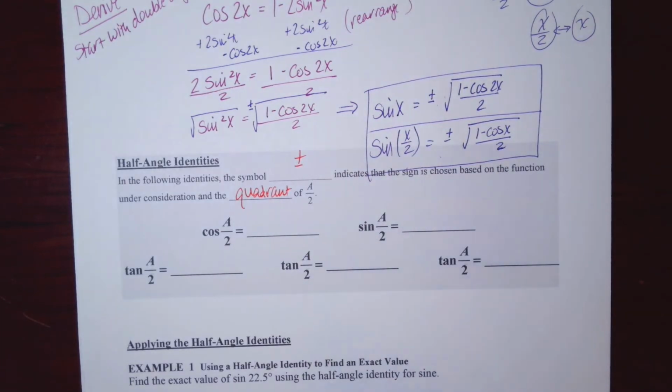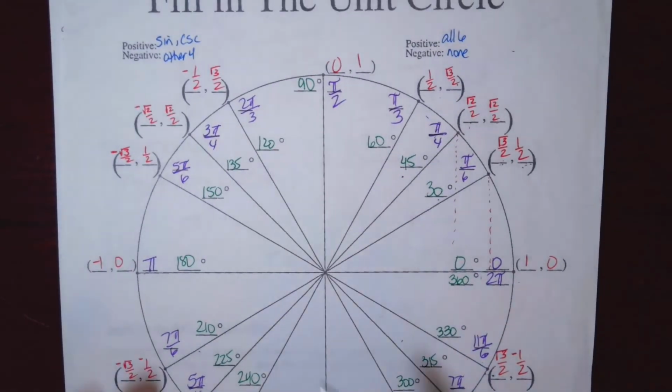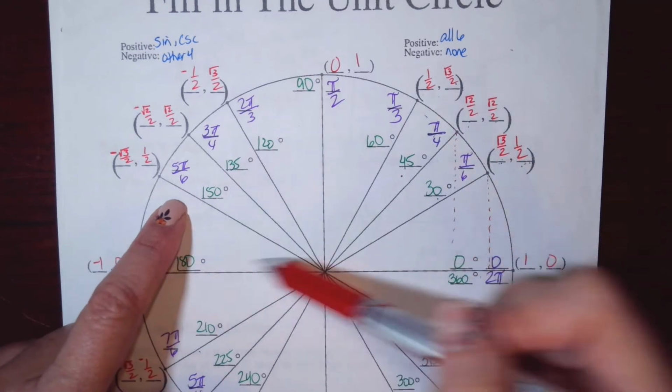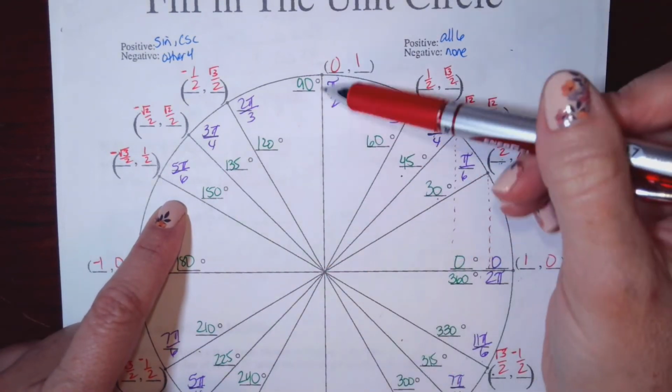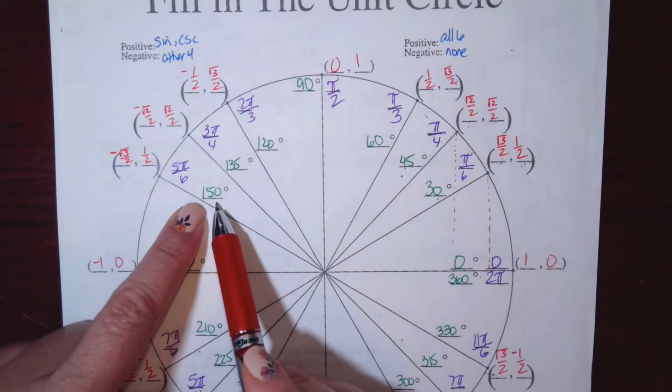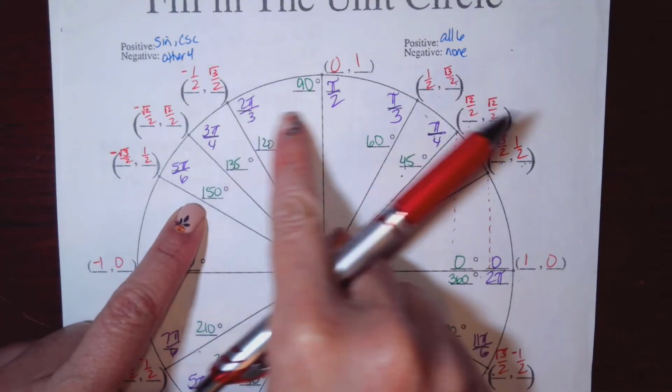Now, this is important. This is something a little bit unique when we're using our half angle identities. I want you to think about finding the half angle. For example, 150 degrees is over here in quadrant 2. In quadrant 2, my cosine is negative, my sine is positive. But half of 150, if I'm interested in the half angle, is 75.